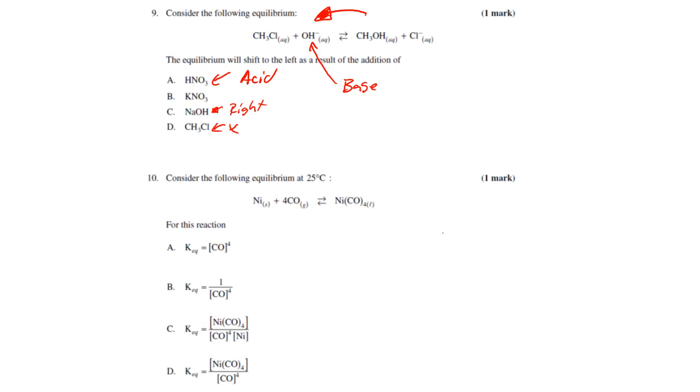Acids and bases like to react, and they form neutralization reactions. Remember that from Grade 10? Anyways, it forms a neutralization reaction. So when you add an acid, it actually decreases or removes the OH here. So it decreases that, and that makes it shift left. And that's the answer.